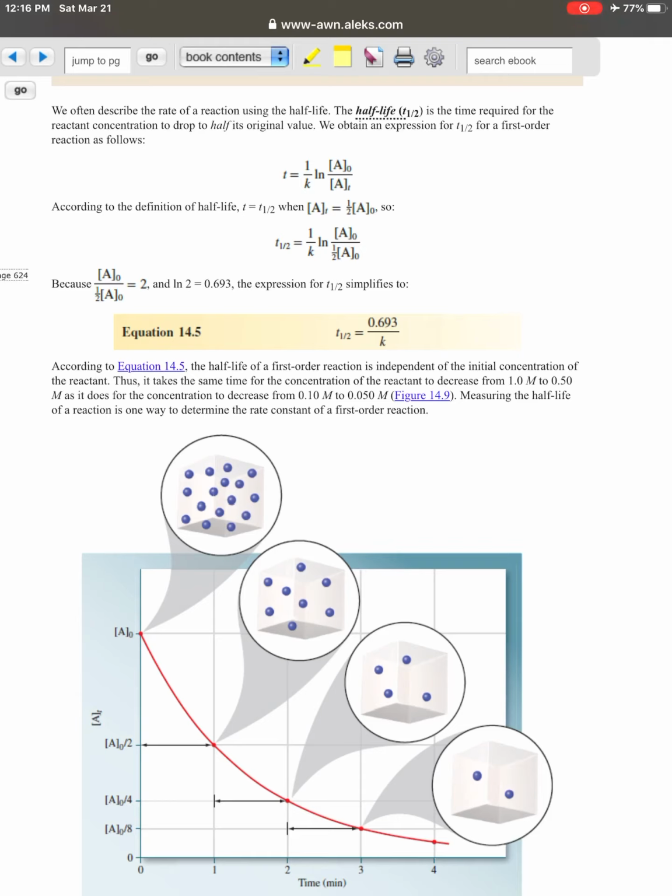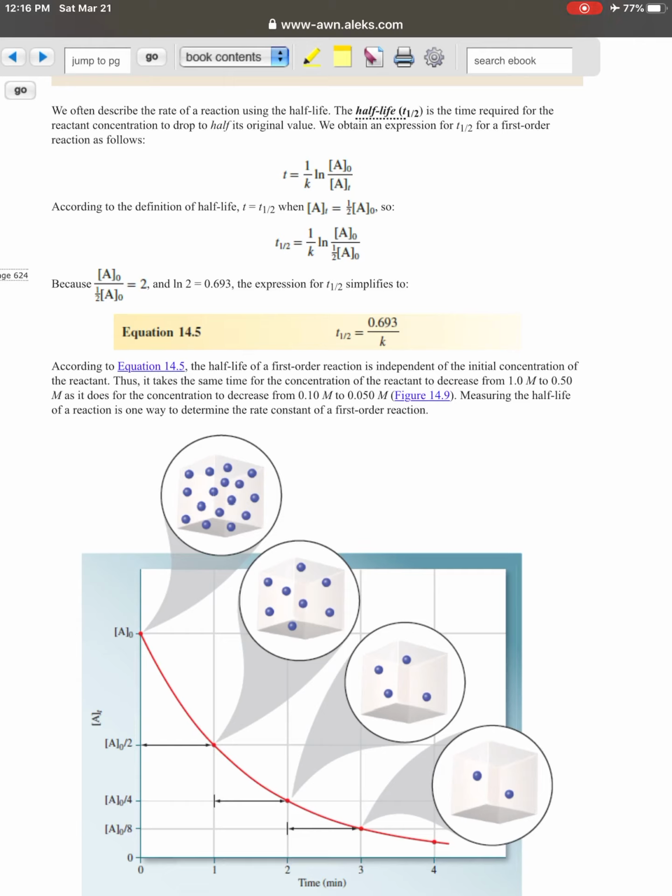For those of you who are interested in the medical field, half-life is important, particularly with pharmaceuticals, with drugs. We often describe the rate of a reaction using the half-life. The half-life, expressed as t1/2, is the time required for the reactant concentration to drop to half its original value.